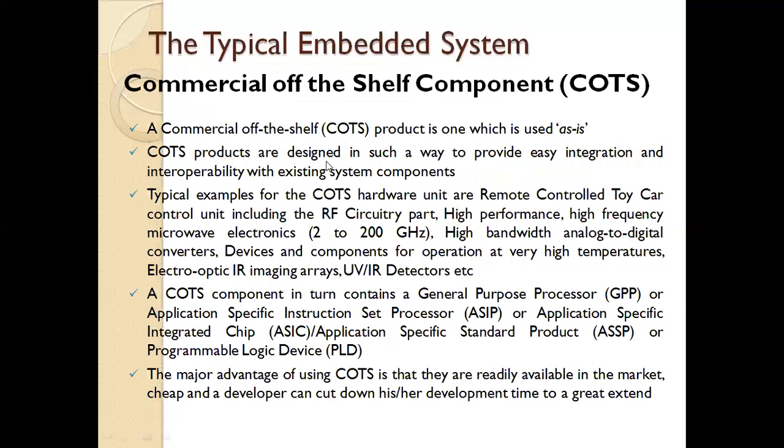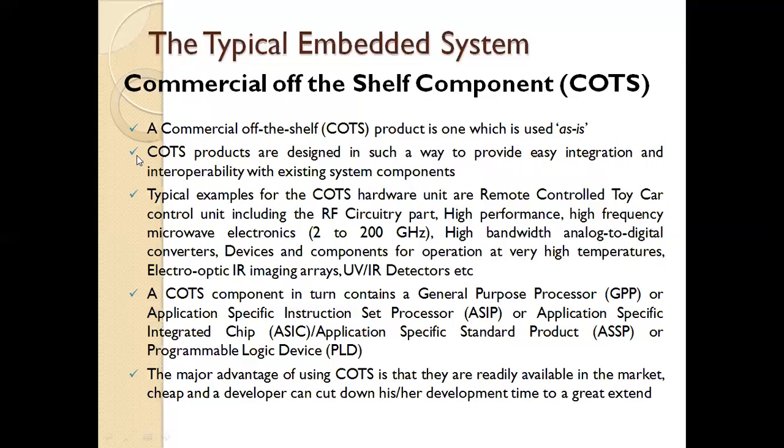We see the last, that is commercial off the shelf components, COTS. This is again a part of the system core. A commercial off the shelf COTS product is one which is used as is. You can see this sentence: a COTS product is one which is used as is.